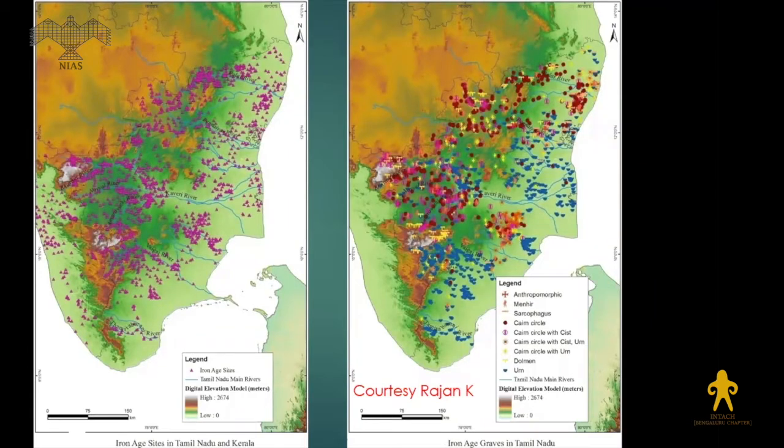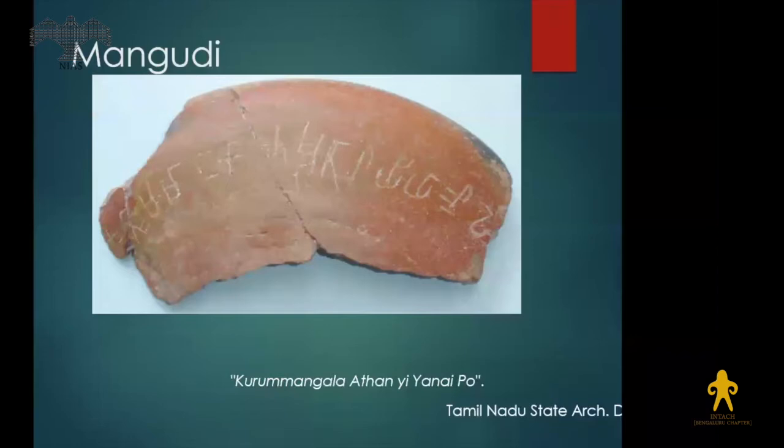He has plotted all the megalithic sites in Tamil Nadu and Kerala. You can see the number of settlements and burial sites all over Tamil Nadu and Kerala. And when you look at the Sangam literature also, you find people living in all five, or the four-fold landscapes, very clearly suggesting this region was very thickly populated.